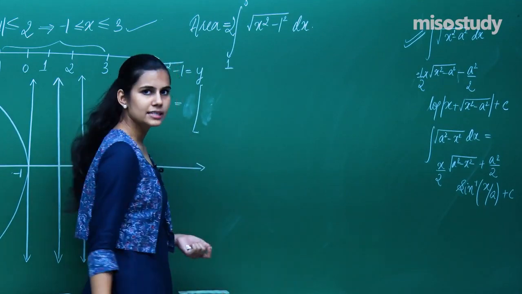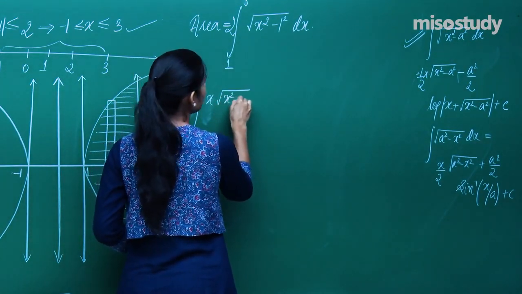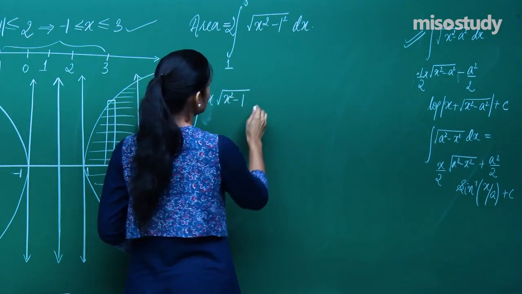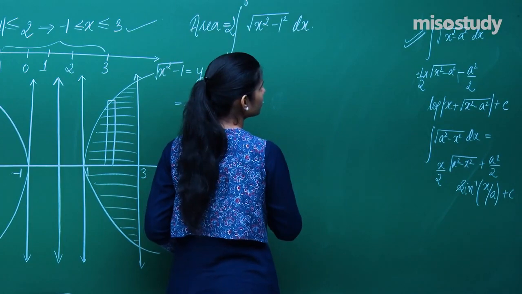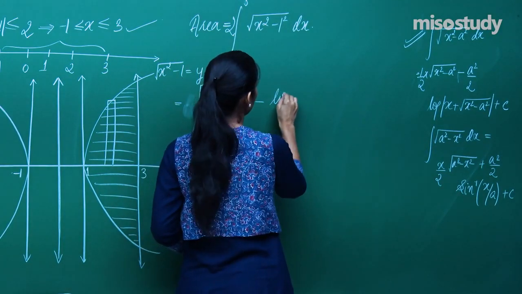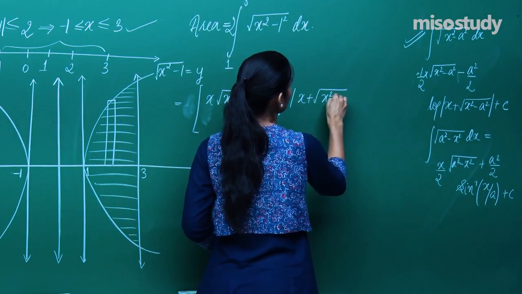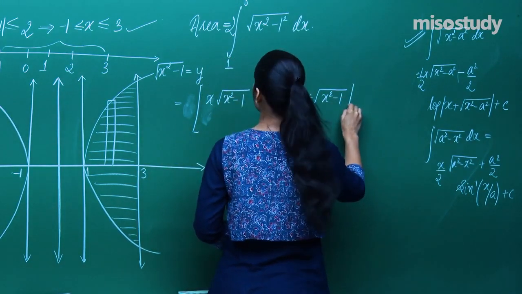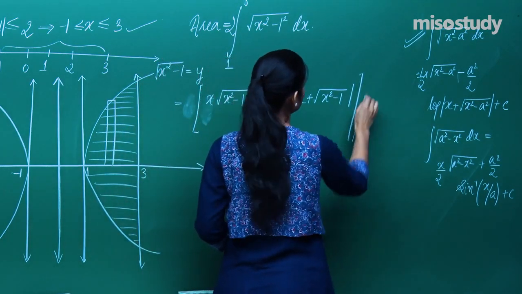This is going to cancel this 2 out. You are left with x under root x square minus a square, and I have already taken out 1 by 2 common. a square is 1, log of mod of x plus under root x square minus a square. That is it. And the limits are from 1 to 3.